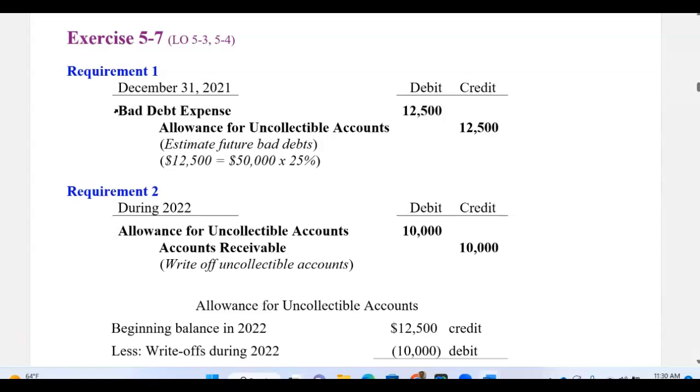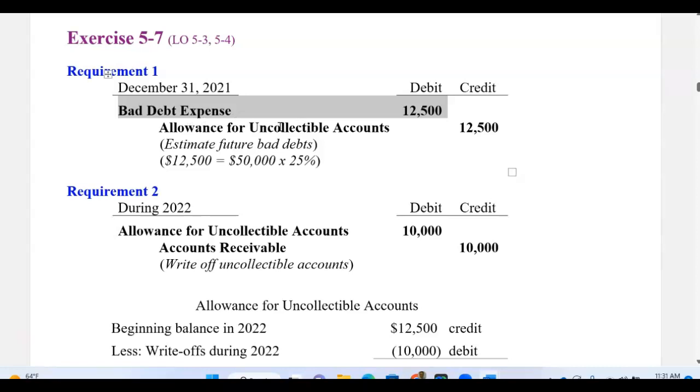The reason is because whatever happens in 2021 as a form of revenue or expense needs to be recognized in 2021. So by the end of December 31st, 2021, before next year starts, I need to recognize a proper amount of bad debt expense. And I'm estimating $12,500 should be a good estimate. And I put $12,500 in allowance.